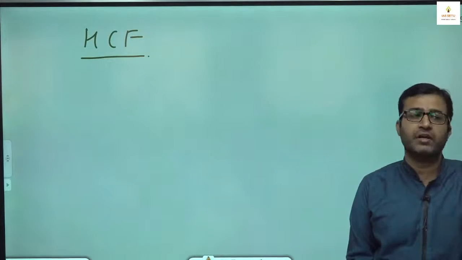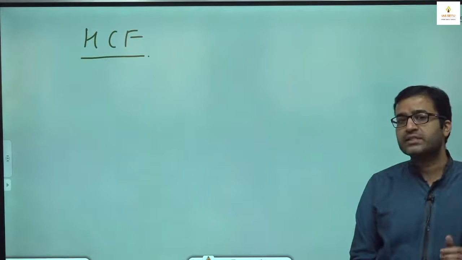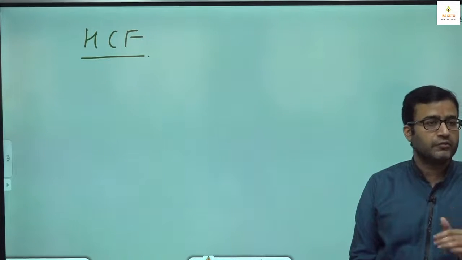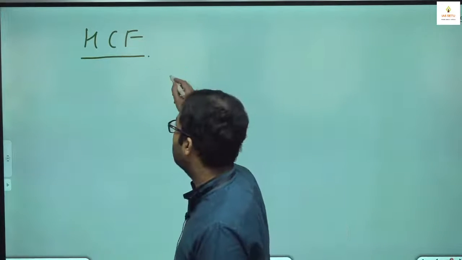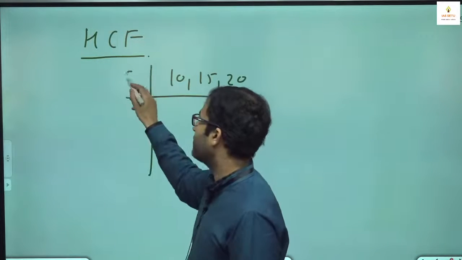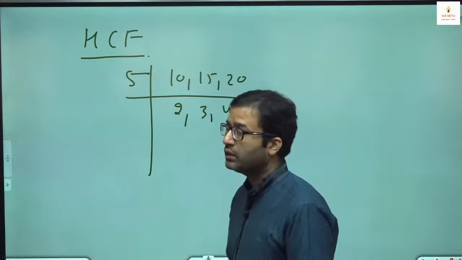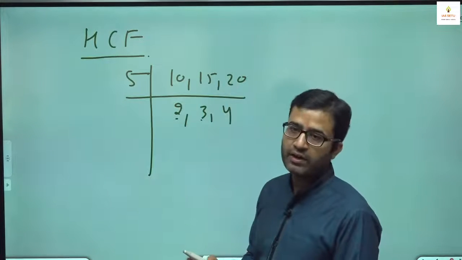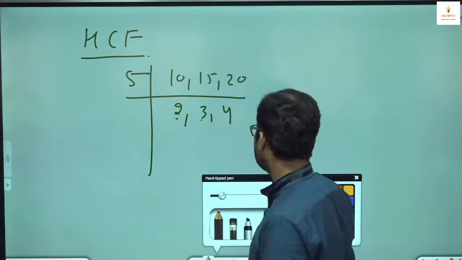If it is not, then 1, because 1 is common from all the numbers. Like for example 10, 15, 20. So we have 5 common, then we get 2, 3, 4. Then in 2 and 3 you don't have a common factor other than 1, you stop. So the HCF of 10, 15, 20 is 5.